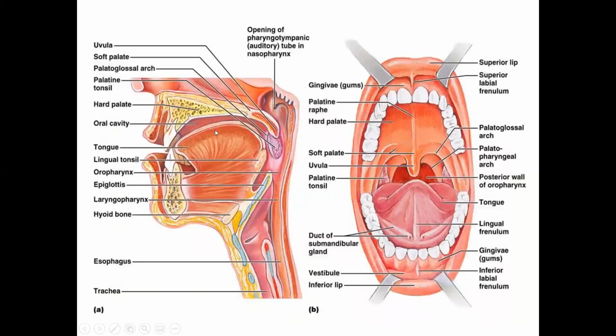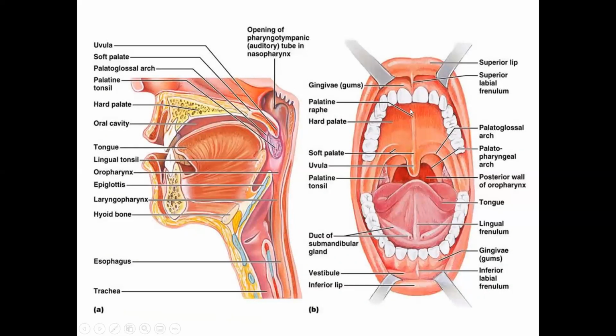So you can see here, this is the oral cavity proper. This whole is the oral cavity, in which we have the tongue, and the oropharyngeal isthmus posteriorly. Within the oropharyngeal isthmus, we have the palatine tonsils. Here we have the anterior fissure, or the anterior opening of the oral cavity.